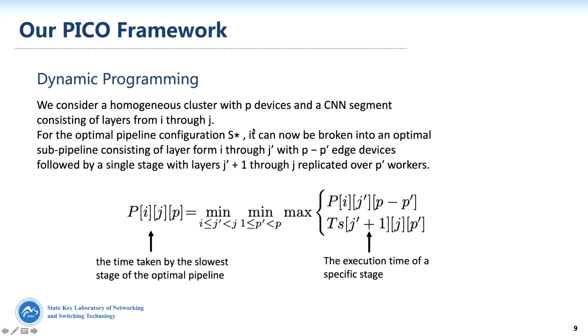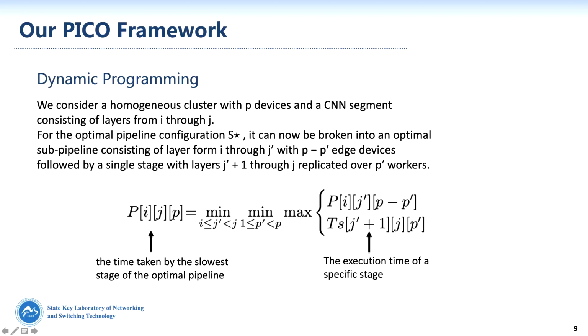We consider a homogeneous cluster with P devices and a CNN segment consisting of layers from I through J. The optimal pipeline configuration can be broken into an optimal sub-pipeline consisting of layers from I through J' with P minus P' devices, which is here, followed by a single stage of layers J' plus 1 through J replicated over P' workers, which is here.